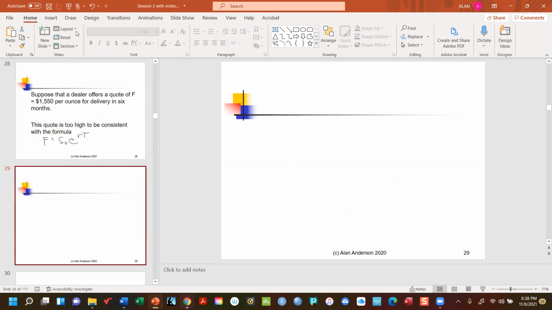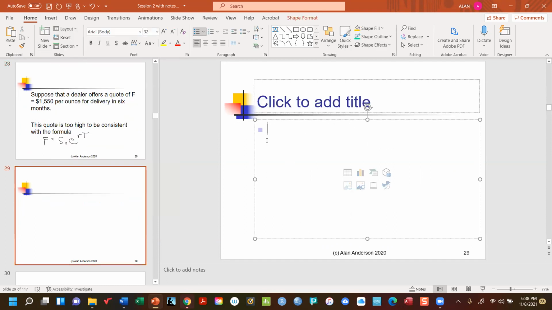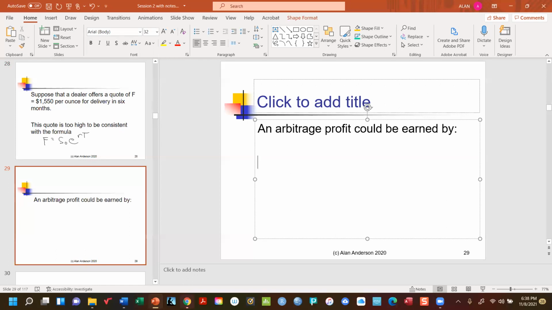So an arbitrage profit could be earned by, so here's what you're going to do.